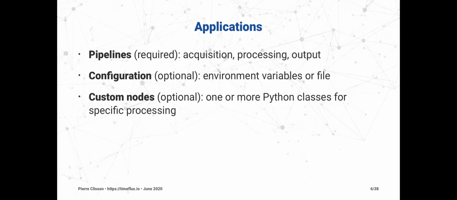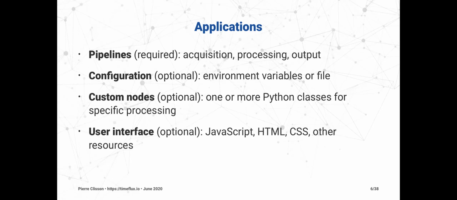So we already have many DSP nodes, but sometimes you have one specific need and you want to write it. You can of course publish something on the pip repository, but you can also just have one Python class and put it in your package. So it's really easy to do. And we'll see later how we can write a custom node.